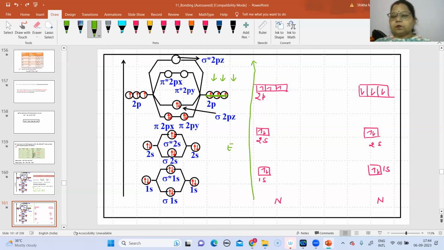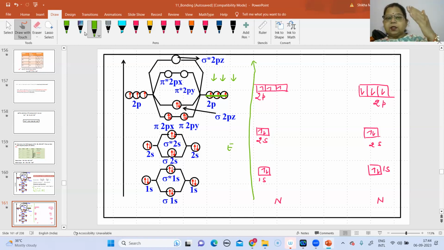So, I believe it is clear to all of you how the atomic orbitals of both the atoms are represented, right? Now, we have to draw the molecular orbitals which are formed by the combination of these atomic orbitals. Recall the previous lecture, we said that when 2 atomic orbitals combine, they form 2 new molecular orbitals. One is a bonding molecular orbital and one is an anti-bonding molecular orbital.